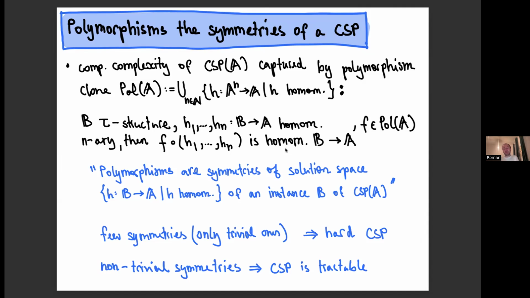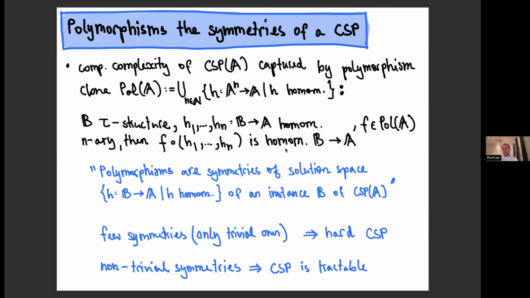And we all know that systems of linear equations over fields are solvable in polynomial time. On the other hand, if you only have few symmetries, then to get solutions to a CSP, a lot of unstructured search is necessary. So in general, you would expect that the CSP becomes harder.